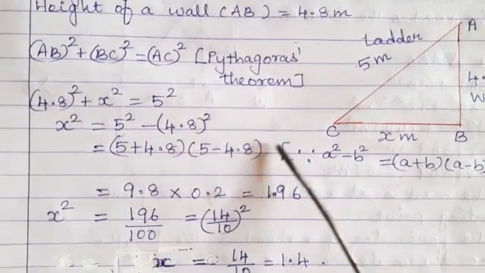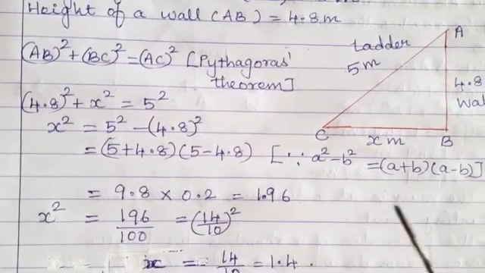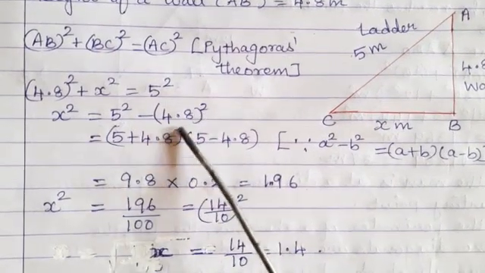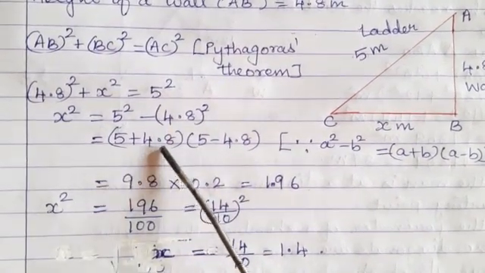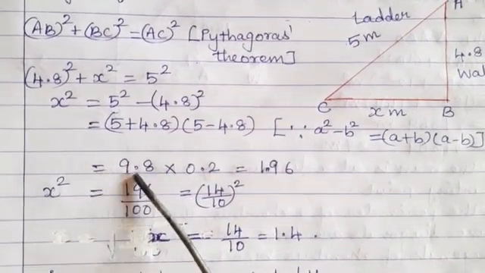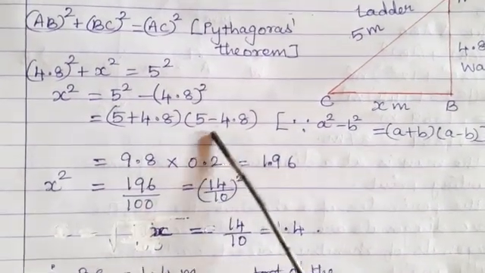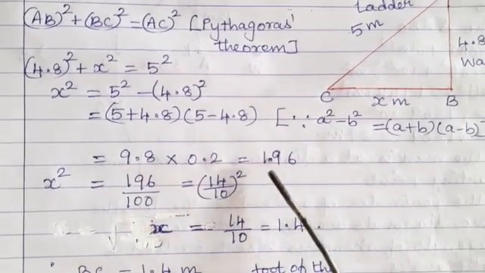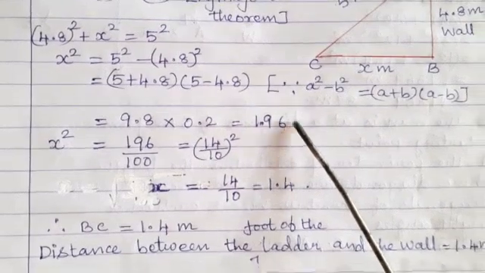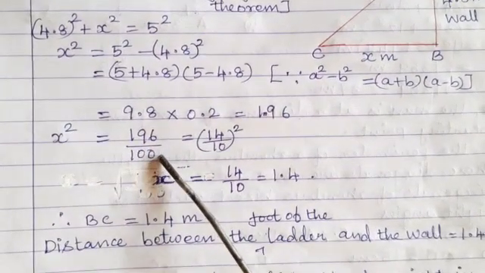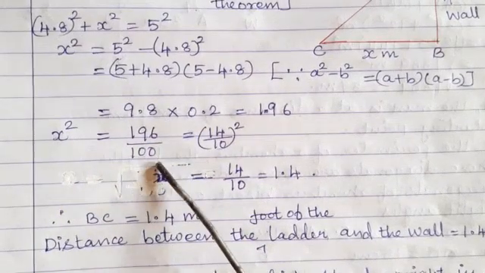Using the identity a squared minus b squared, a plus b into a minus b, where a is 5 and b is 4.8. So 5 plus 4.8 into 5 minus 4.8. Now you add it, that is 9.8 into 0.2. If you multiply it, you will get 1.96. So x squared equals 1.96. You can also convert it into a fraction, that is 196 by 100.